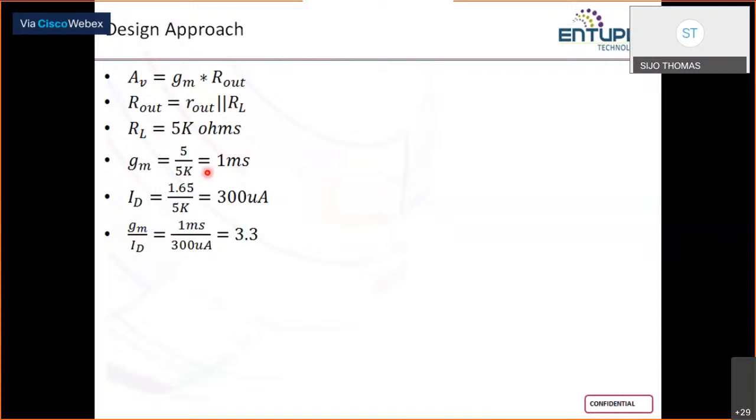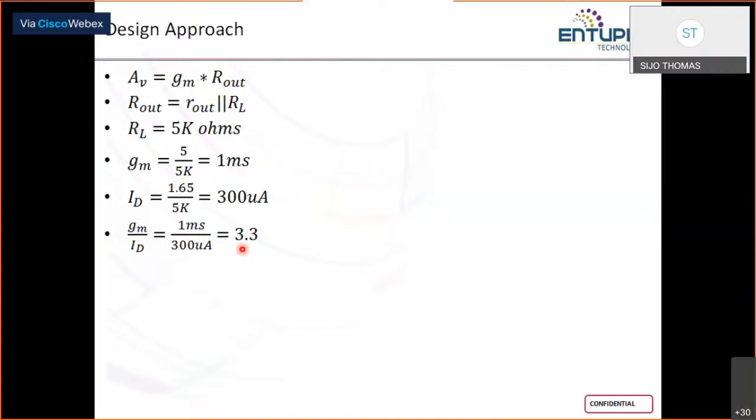Now we are looking for the gm by ID technique. From the derived parameters, gm we already got as 1 millisiemens, and ID is 300 microamps from the power dissipation specification. From that we can find the gm by ID ratio is 3.3. So this much we have calculated.